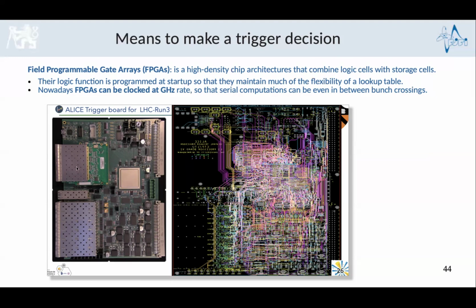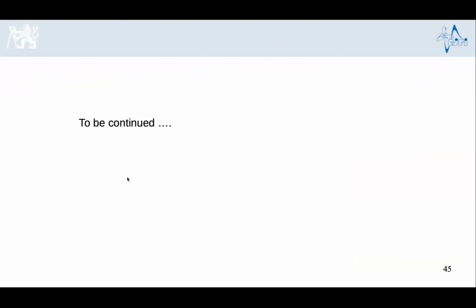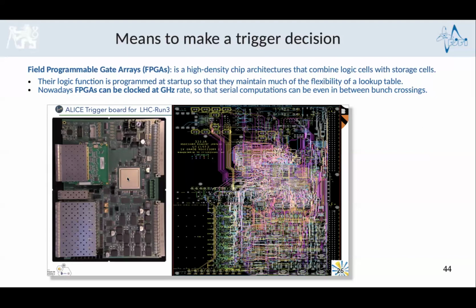And here there are inputs that bring the signal from the detectors to this central processor, and it processes all the information from all the detectors of ALICE, and then takes the decision at the different levels.